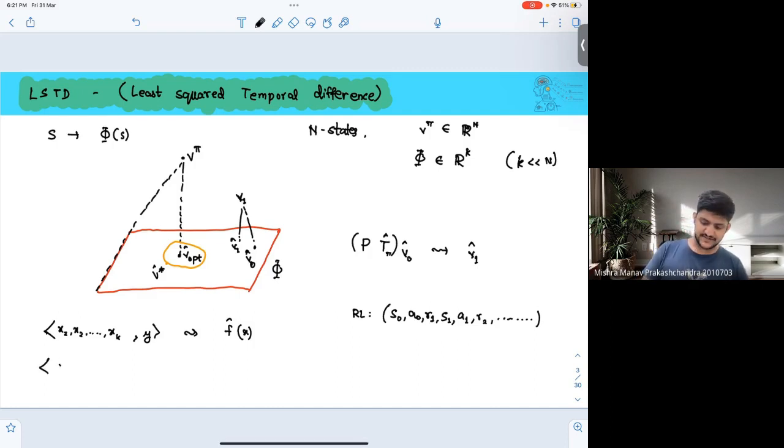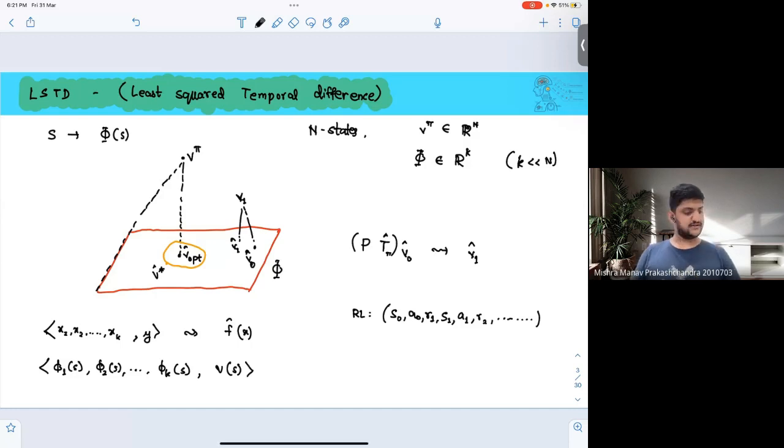So for each individual state, I first represent it as its parameterized state. Let's say this is phi 1 of s, phi 2 of s, dot dot dot, phi k of s. This is a vector for that particular state, and the output would be the value function for that state. This is how my data should look for an RL problem.